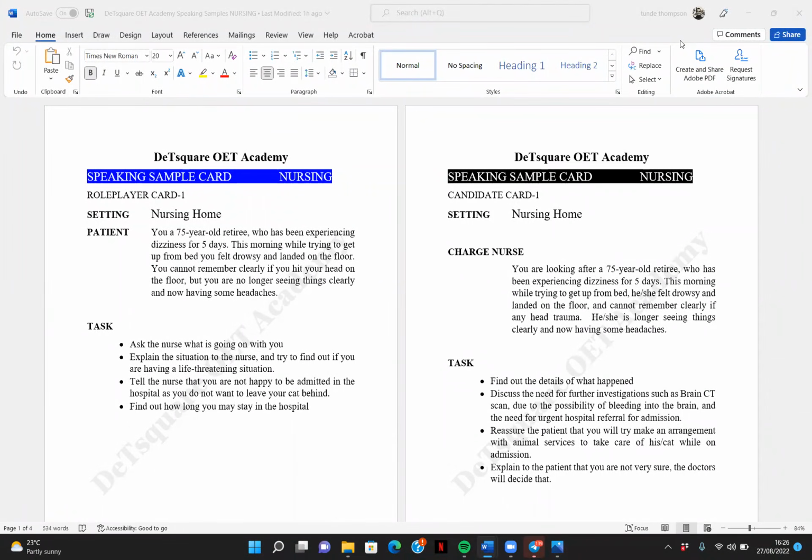Well, for the past 5 days, I've been experiencing this kind of dizziness, especially when I wake up in the morning. But this morning, while trying to get up from bed, I just felt drowsy. All I could realize is seeing myself on the floor.